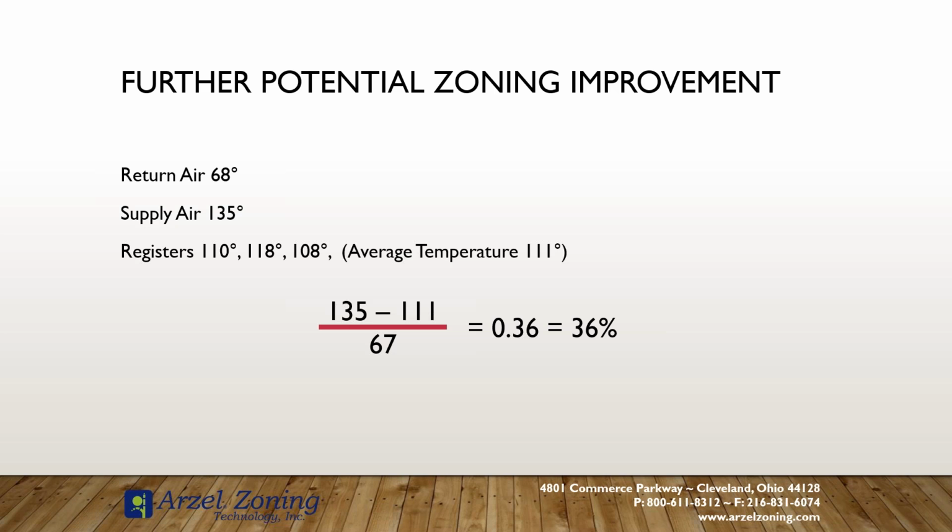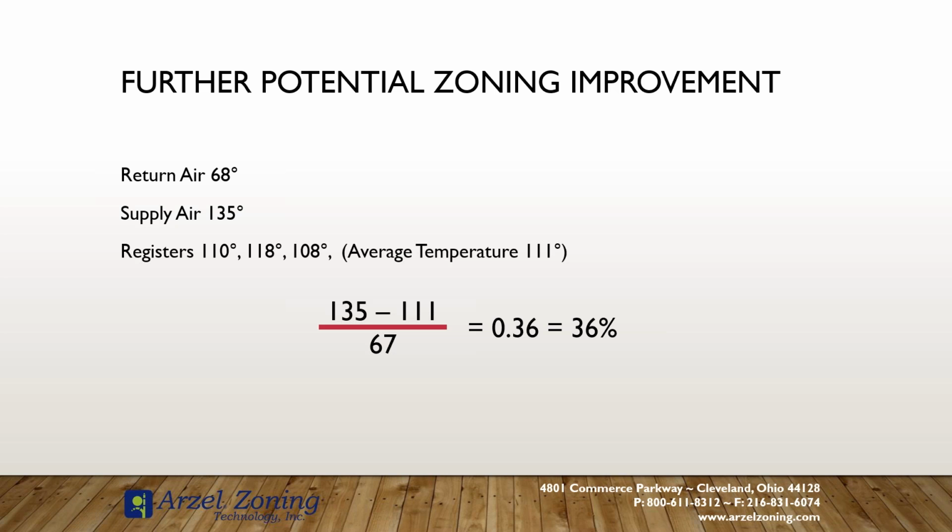I've taken my register average of the zone itself, and calculating that out, I see that now I only have a 36% BTU loss, which puts me within that EPA range of 24 to 40%. Now it's still on the high side, so there's more improvement that can be made.